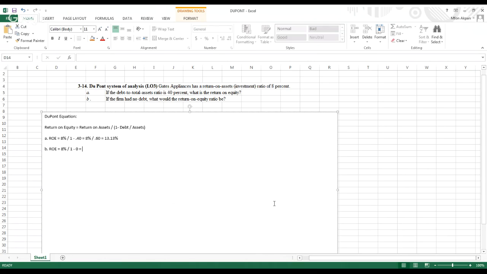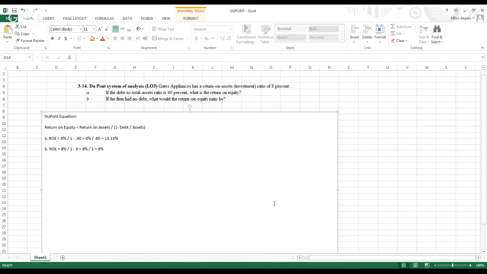So it'd be 1 minus 0, and 1 minus 0 is 1. So then we're back at 8%. For this one, if the firm had no debt, the return on equity would equal the return on assets, so it would be 8%.